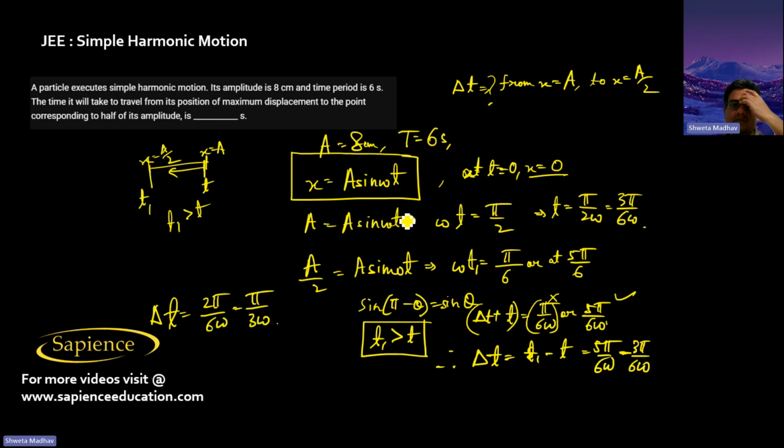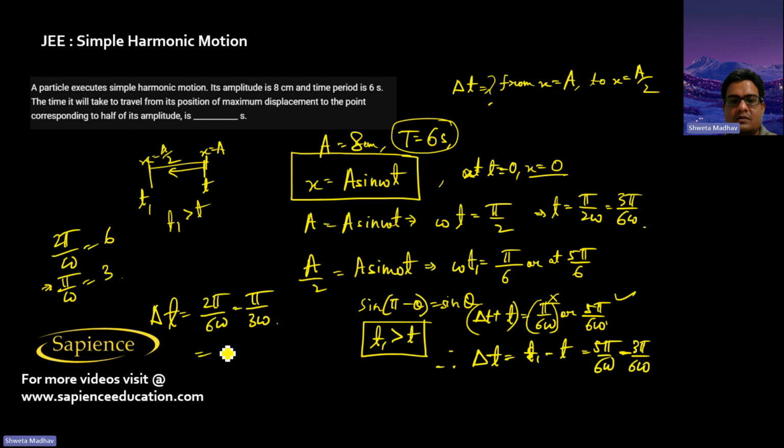Now the time period has been told as 6 seconds. So T, that is 2 pi by omega, is 6, therefore pi by omega is equal to 3. So delta t will be equal to pi by omega divided by 3, that is T by 3, that is 1 second.